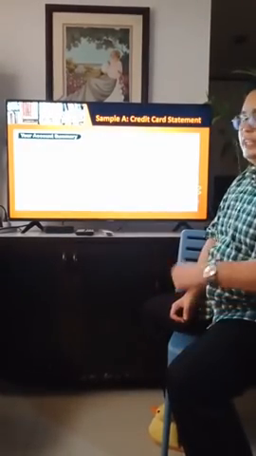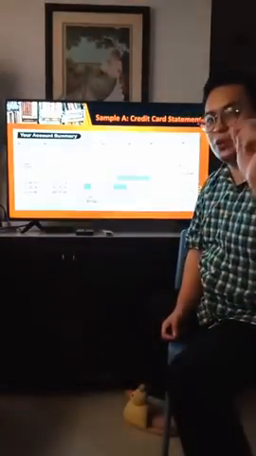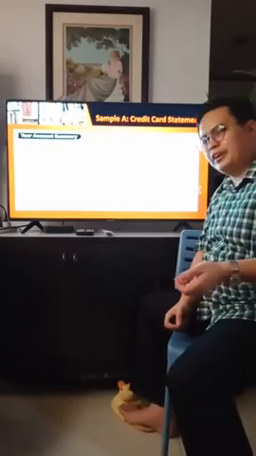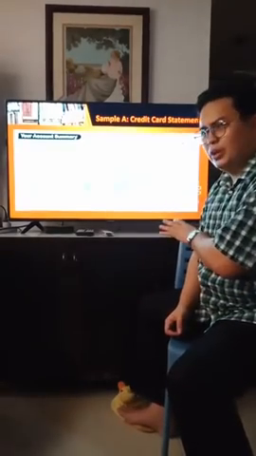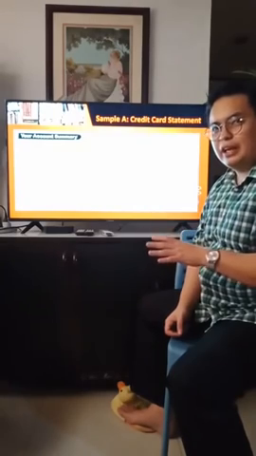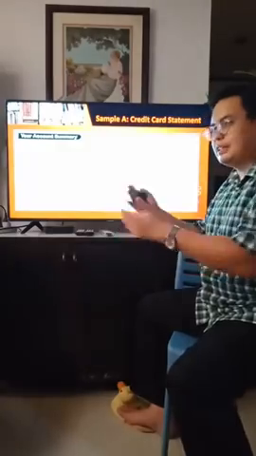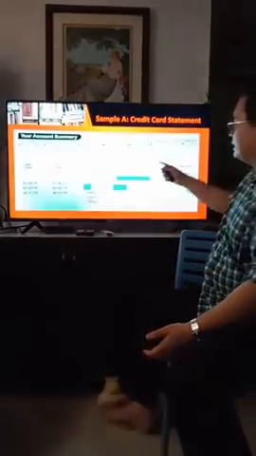Okay, can we infer? Take note of the operative term, infer, not conclude. Can we infer that this person who used the credit card may not have sufficient money at the moment, and that probably the salary of this person is not enough to cover the entire amount?